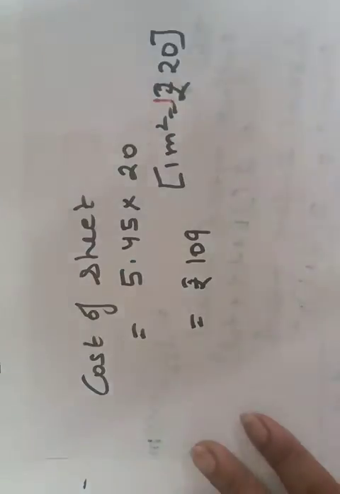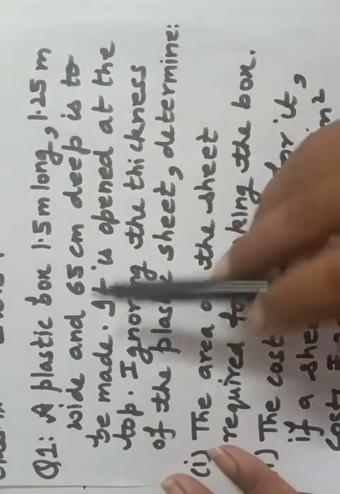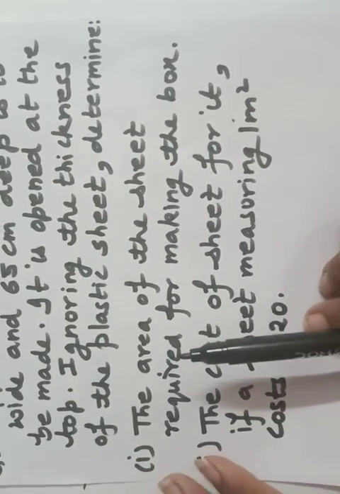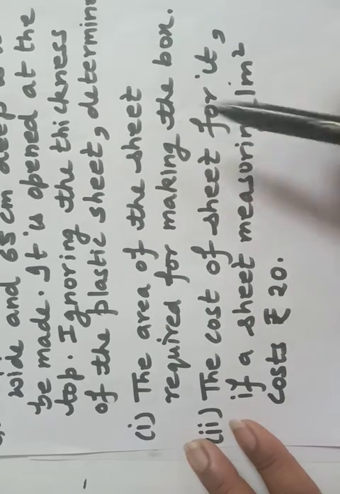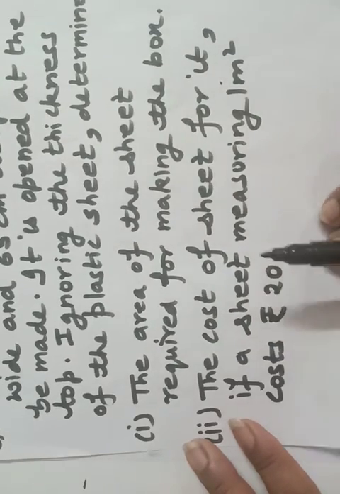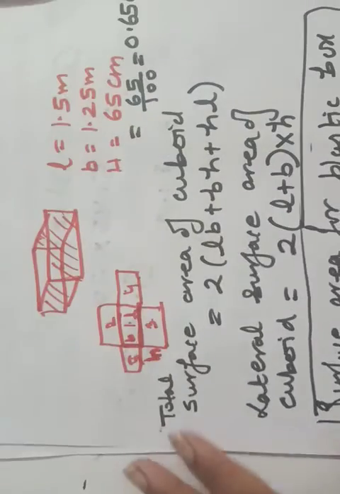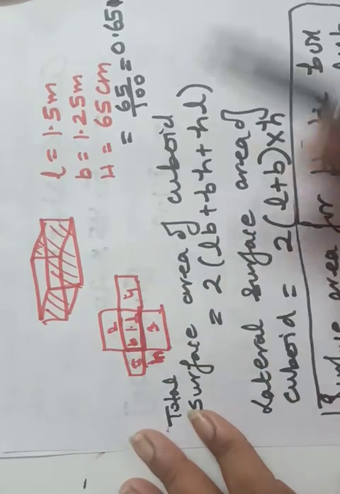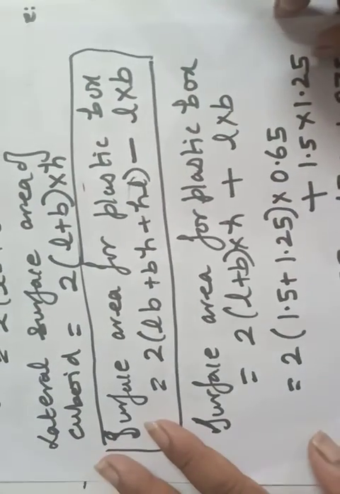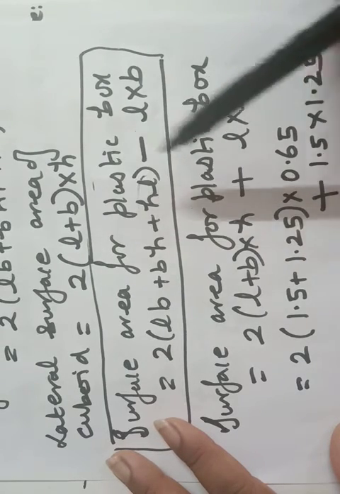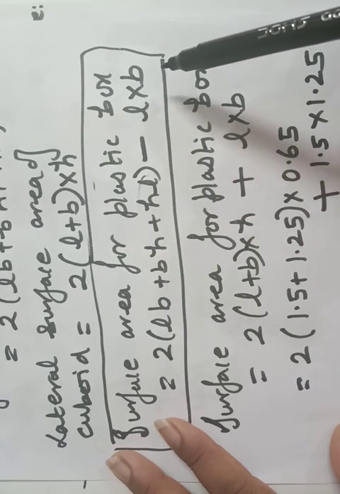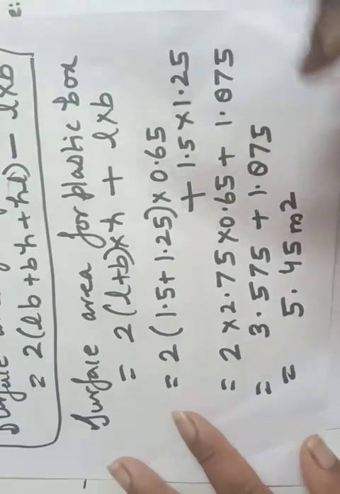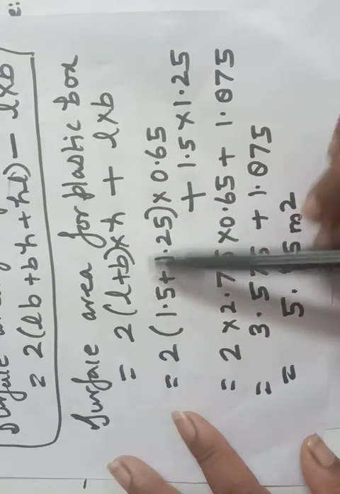Let's revise the question. The dimensions of a plastic box are given, where it is open from the top, and we need to find the area of the sheet used to make the box. We need to find these 5 surfaces, and I told you we have 2 formulae: we can subtract L into B, one rectangle, from the total surface area, or add L into B to the lateral surface area.